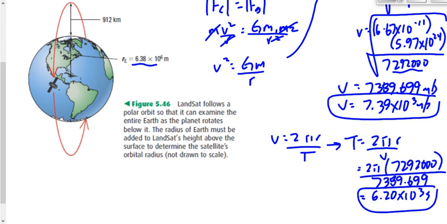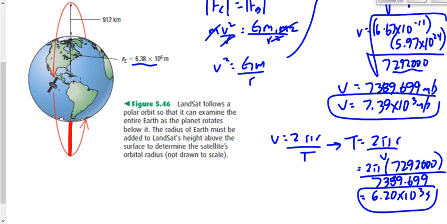Now, is this a different question than what we saw yesterday with our satellite question? Not really. A little bit harder? Yeah, a little bit harder. How come? Well, yesterday we had this number given to us from the center of the planet to where the satellite orbits. Today, we were given this number.